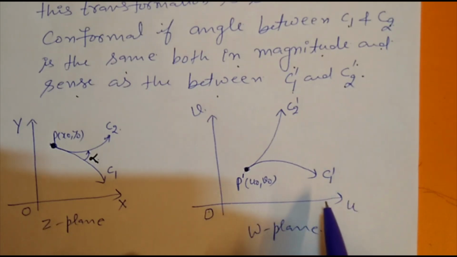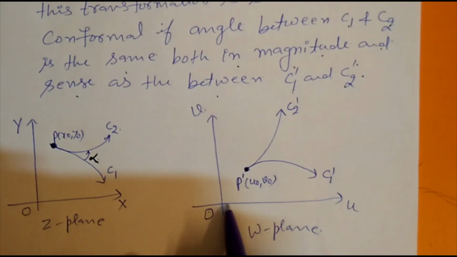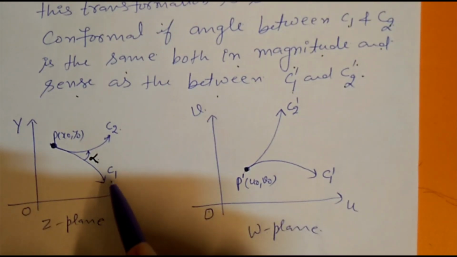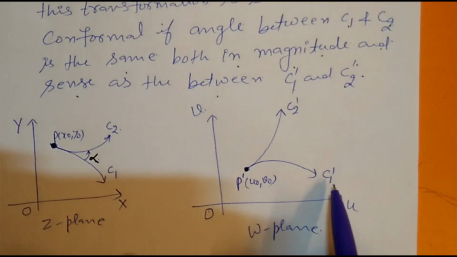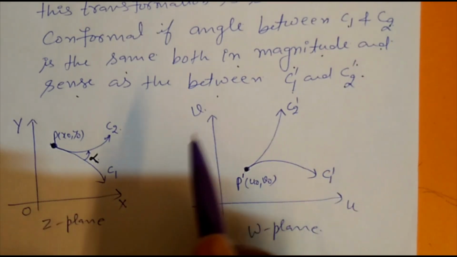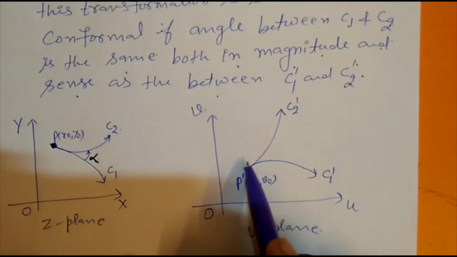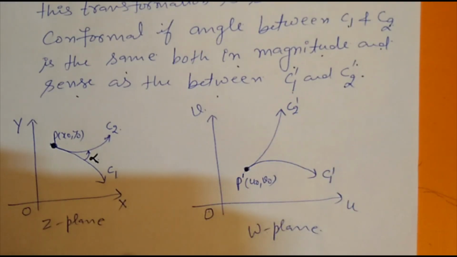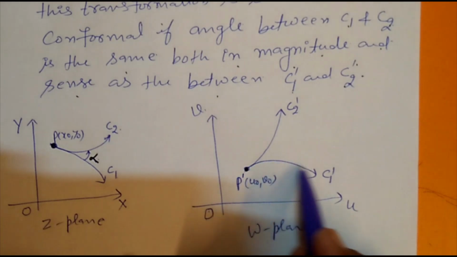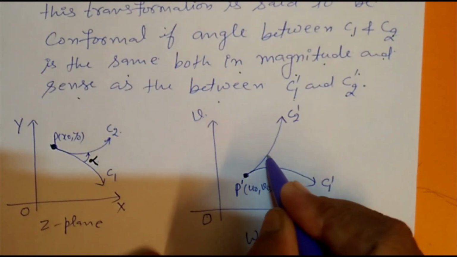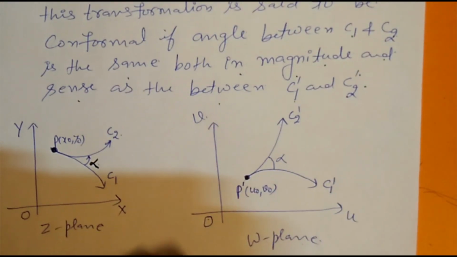Because w = f(z) = u + iv, the real axis is u, the imaginary axis is v. So the curve C1 transforms into the curve C1' and curve C2 transforms into the curve C2'. So the graphical representation of the point P in the z plane into the point P' in the w plane is this one. The angle between C1' and C2' is the same alpha.